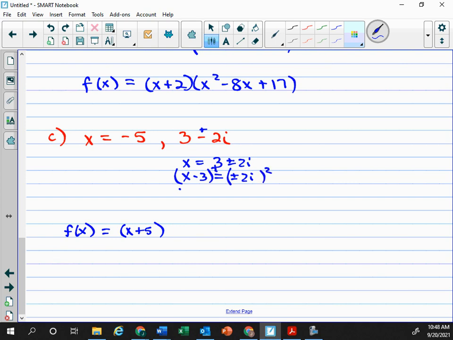Have x squared minus 6x plus 9. On the right side, though, don't forget, you got very good at squaring the i, but you have to square the 2 also. So that's really 4i squared, which is minus 4. So when you bring it over, you would have x squared minus 6x plus 13.